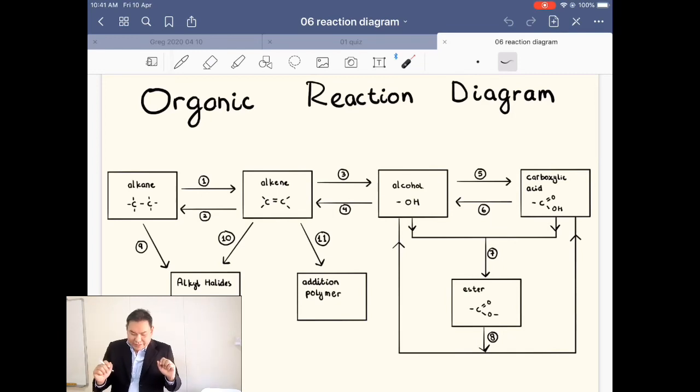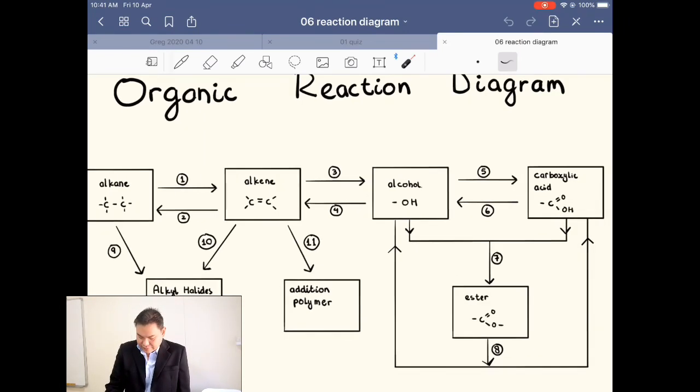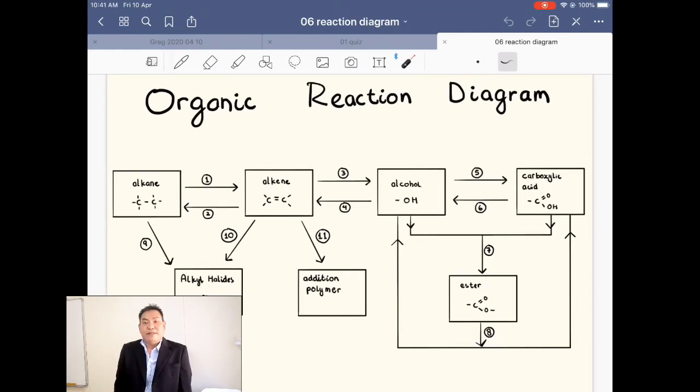So I'm going to explain the first 6 in the first part of this video. 1 is from alkane to alkene. 2 is the opposite direction, alkene to alkane. 3 is from alkene to alcohol. 4 is the opposite of that, alcohol to alkene. 5 is from alcohol to carboxylic acid, and 6 is from carboxylic acid to alcohol.